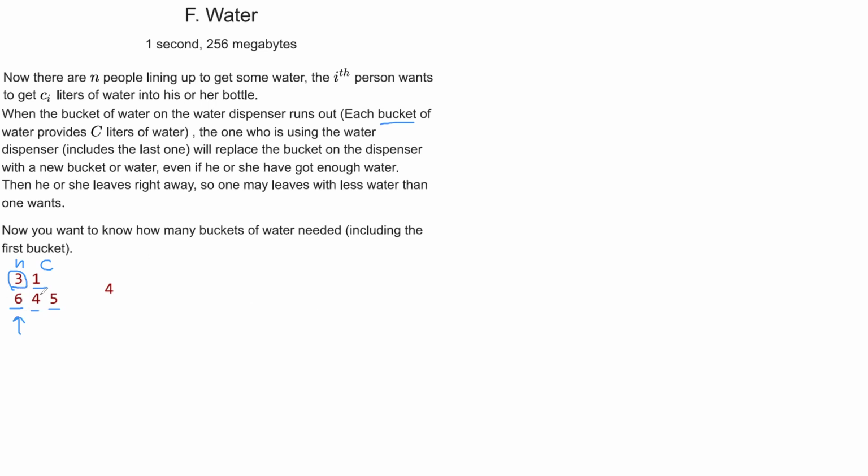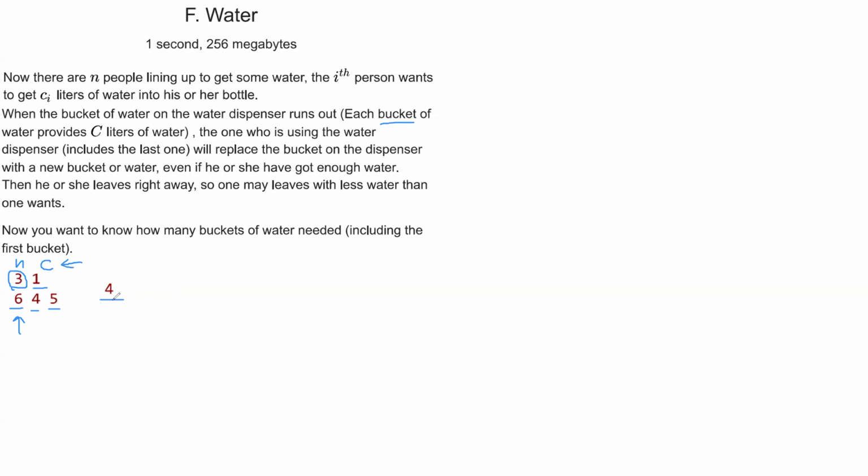We try to fulfill the needs of the first person. And if we cannot do this, we increase our counter by 1. And then we put the amount of water we have into C, and we proceed to the next person. And we do it like that.